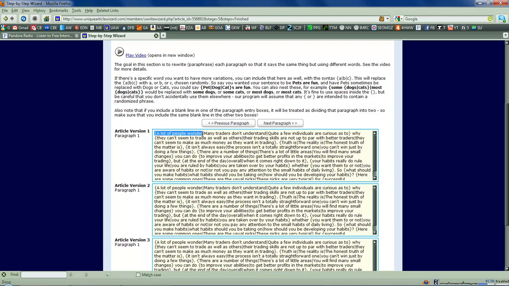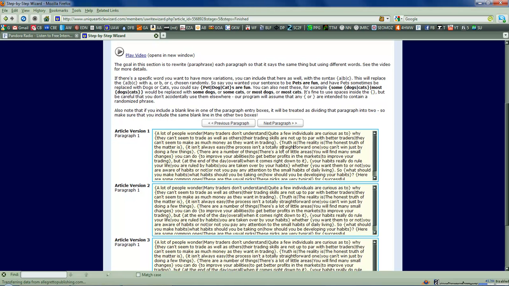A lot of people wonder, or many traders don't understand, or quite a few individuals are curious as to why they can't seem to trade as well as others, or their trading skills are not up to par with better traders, or they can't seem to make as much money as they want in trading. Notice how everything is in terms of ideas. You don't want to spin too much in phrases.